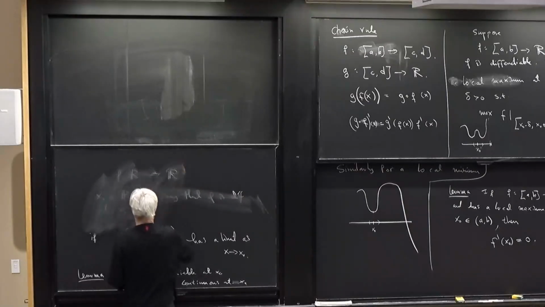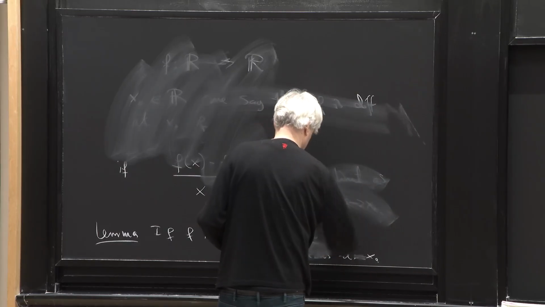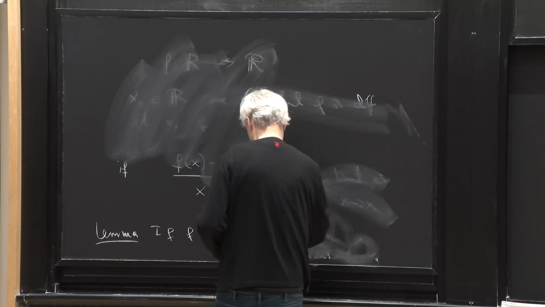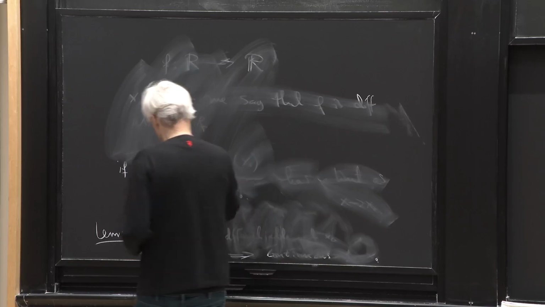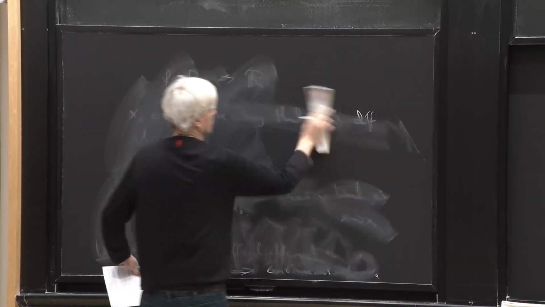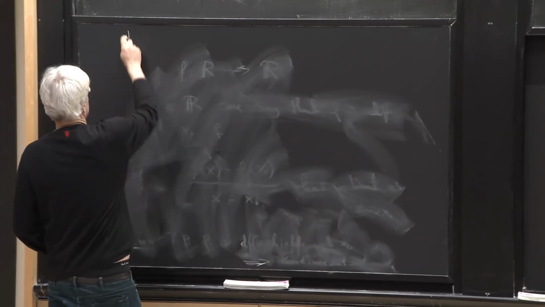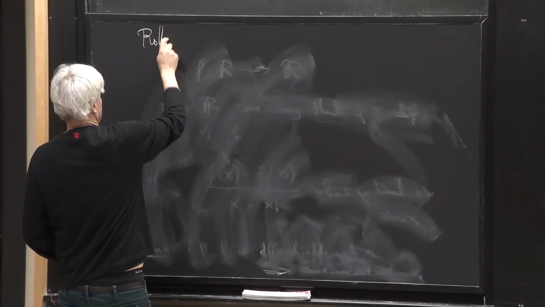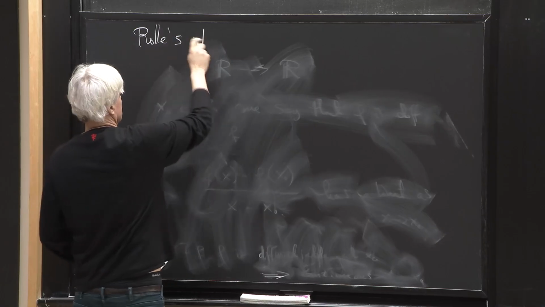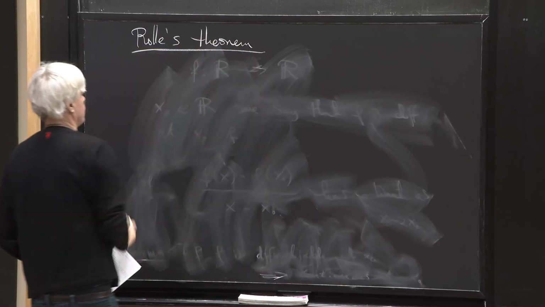So the first thing I want to do is what's called Rolle's lemma or Rolle's theorem. It is the following.